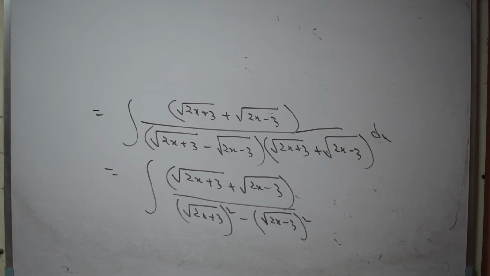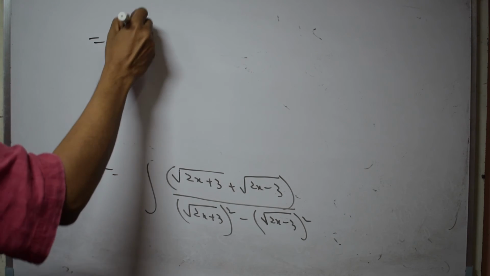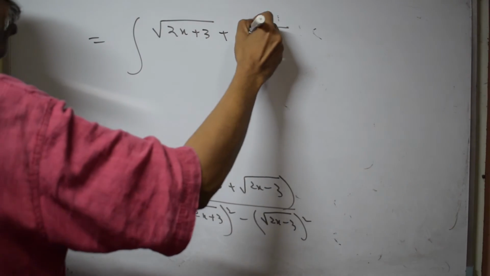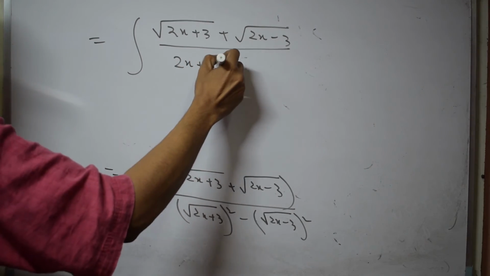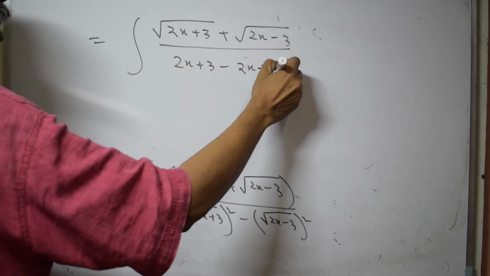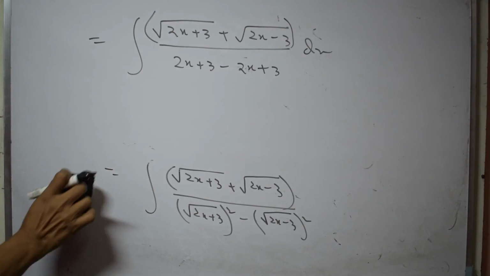That will give you the square root part removed, and we are having root over 2x plus 3 plus root over 2x minus 3. The denominator is 2x plus 3 without root minus 2x. This sign will change, this negative sign, make it plus. So the denominator now becomes 6.